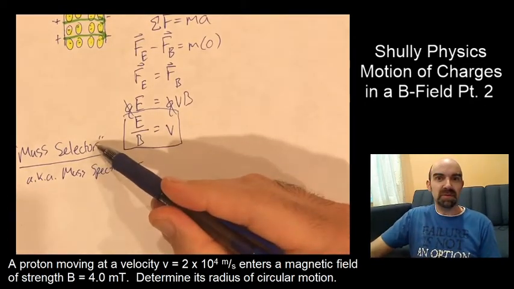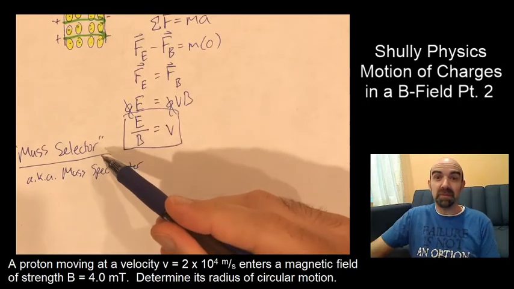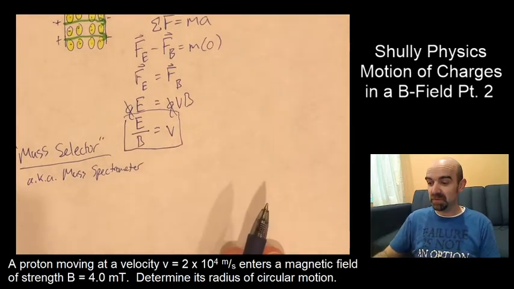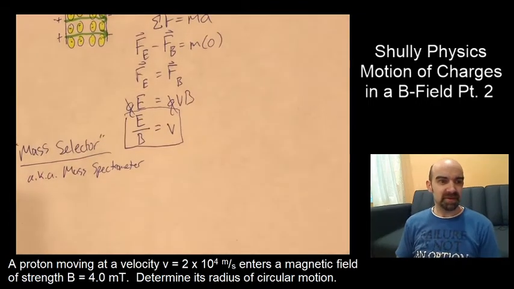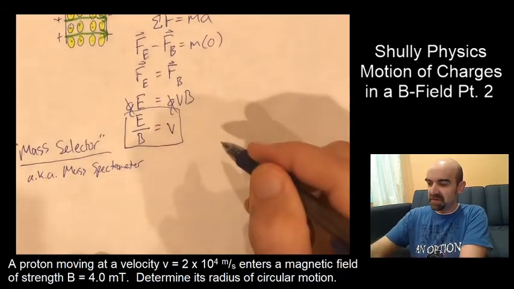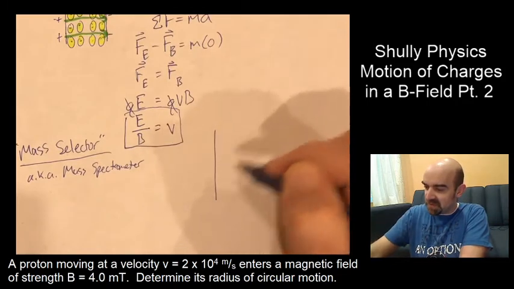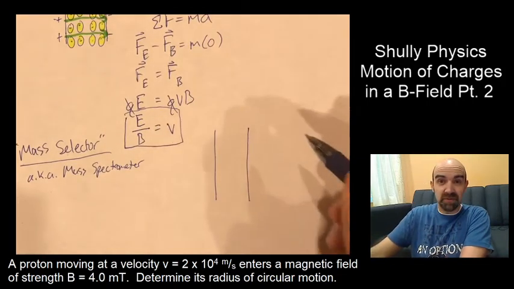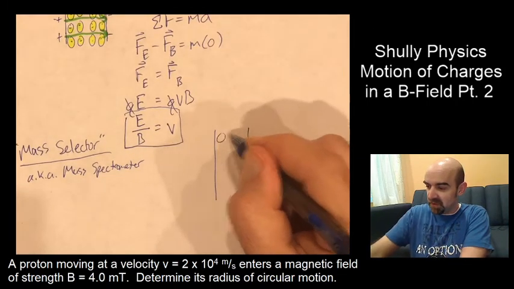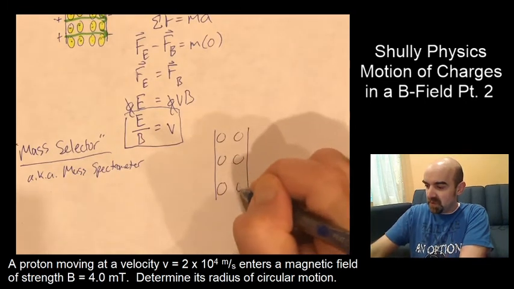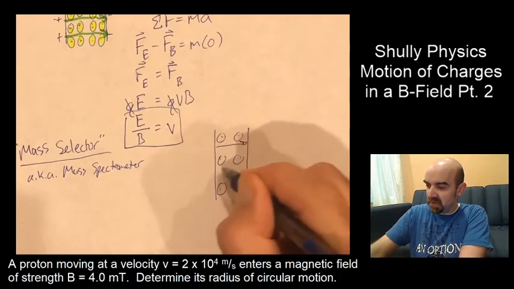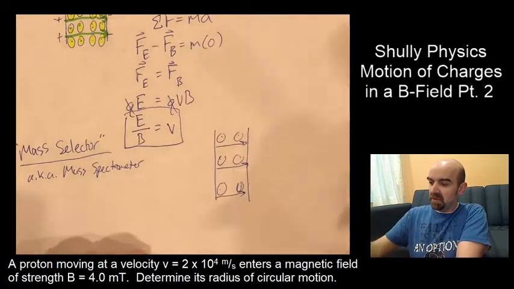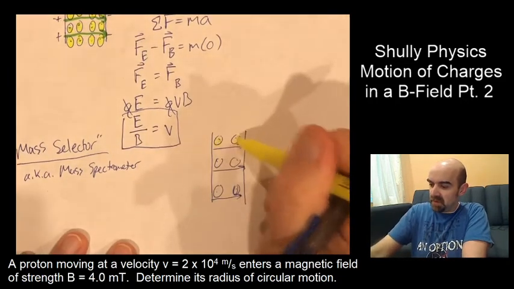This one you can use for directing particles into a certain place. Maybe I just made that up, but I think it makes sense when you look at how it operates. So a mass selector is a velocity selector. So you start off with that velocity selector. You'll have the magnetic field and the electric field. Let me go ahead and give that color.